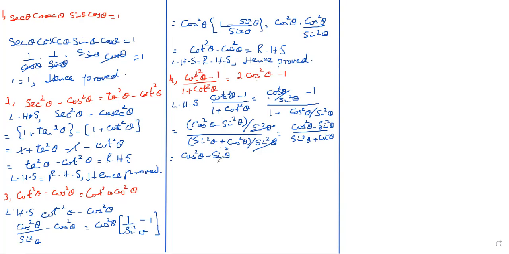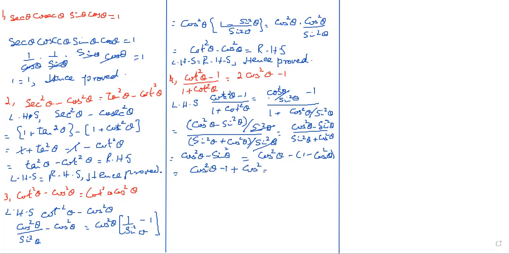So we'll replace the value of sine square theta, which is 1 minus cosine square theta. So we have cosine square theta as it is, minus 1, this minus and this minus will be plus cosine square theta.